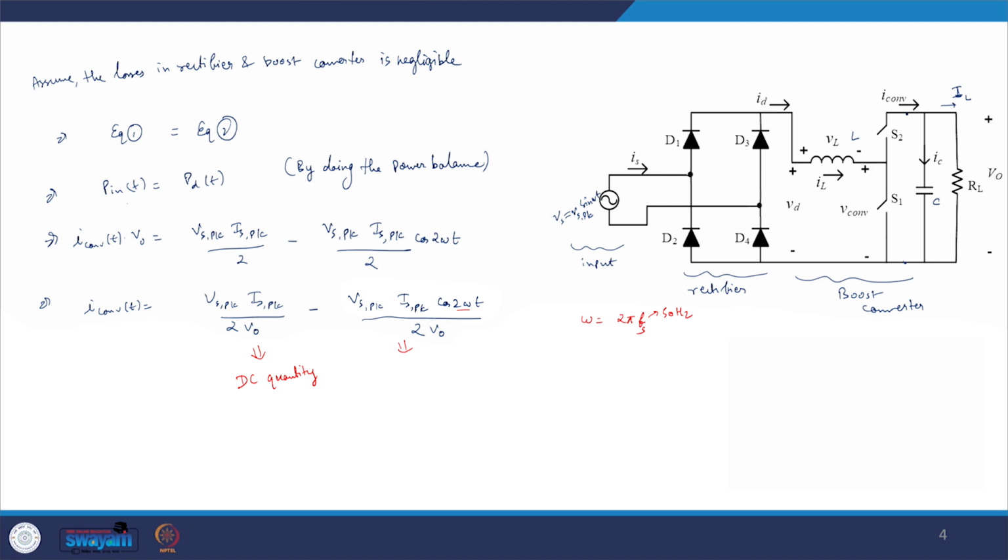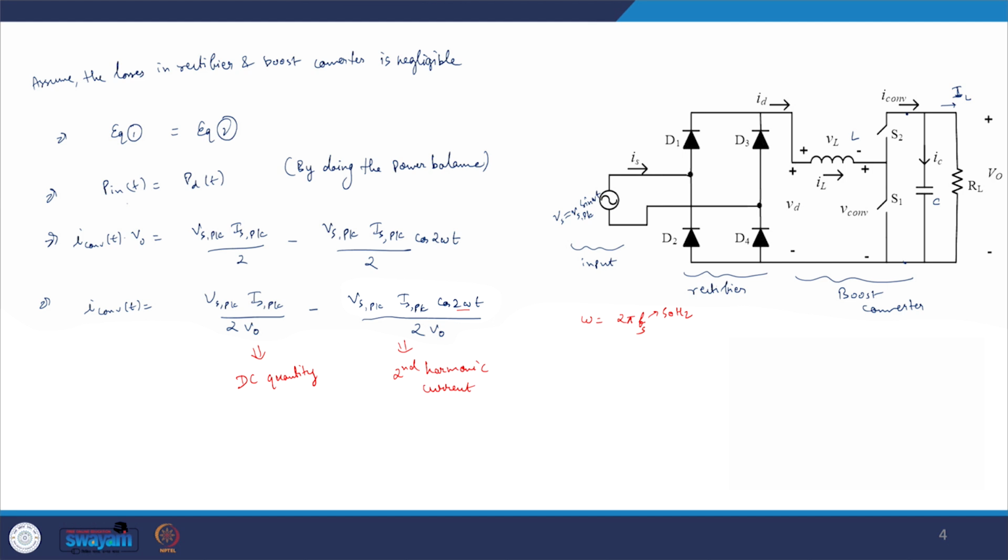This is nothing but the second line harmonic current, where harmonics is in terms of input line frequency, that means 50 or 60 hertz. So this I converter comprises of the DC quantity and the second line harmonic current, which is also sometimes called a double line harmonic component.